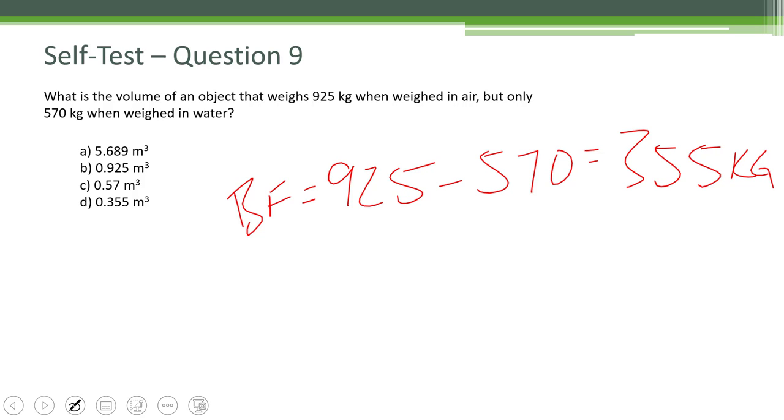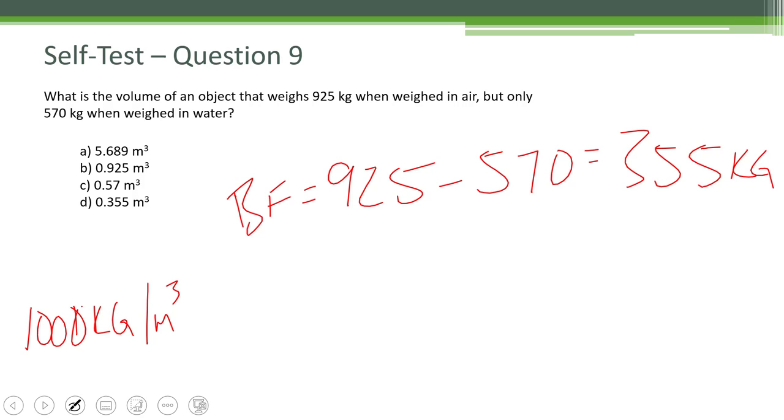So the buoyant force is 355 kg, and remember the density of water is 1,000 kg for every cubic meter. If this object was 1 cubic meter, it would weigh 1,000 kg, and the buoyant force would be 1,000 kg. The buoyant force of this object is 355.